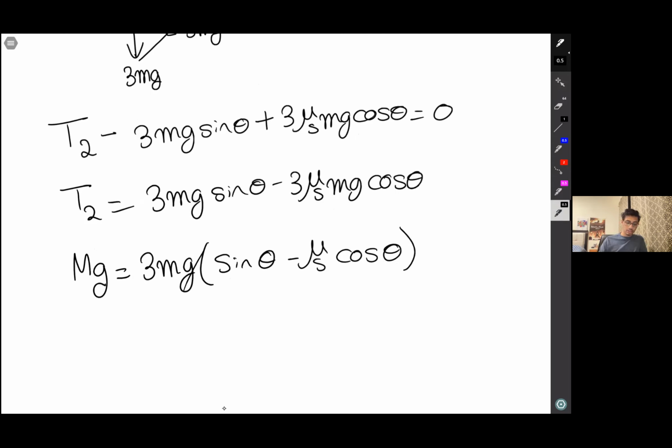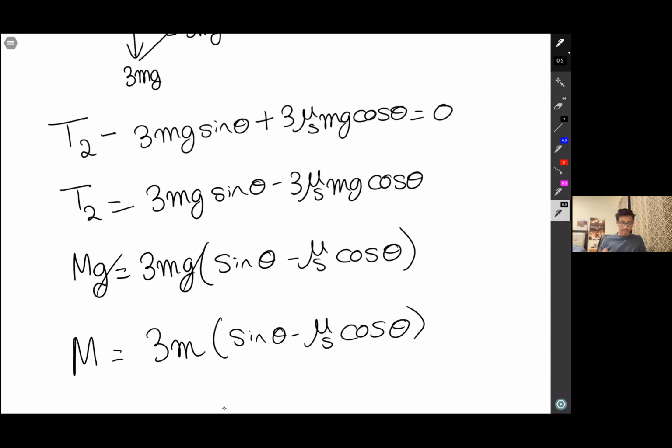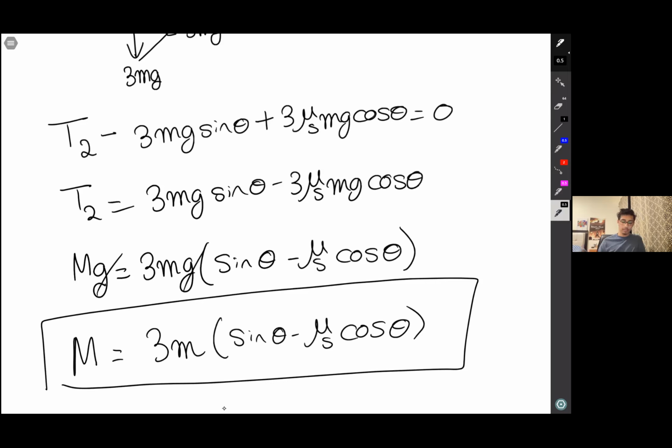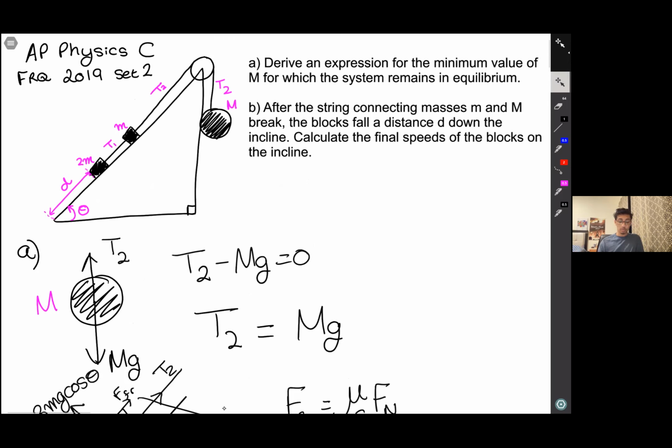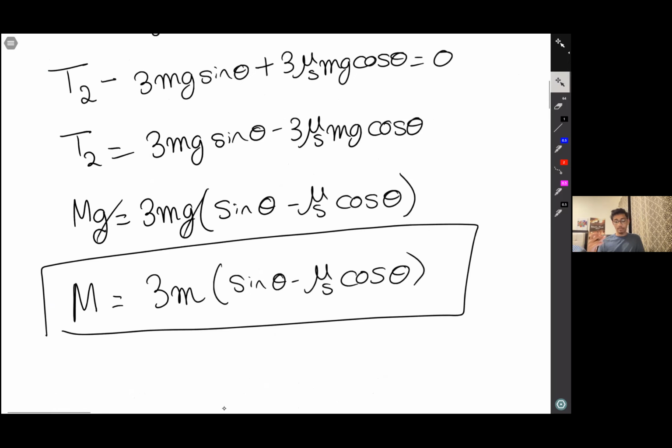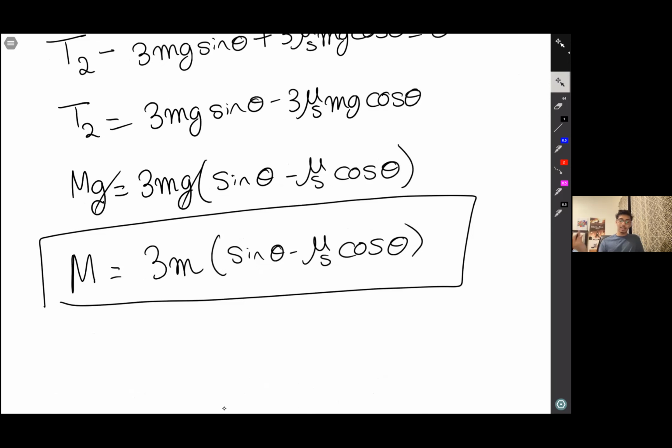And let's cut out the g's, and we get that M is equal to 3 little m times sine theta minus mu s cos theta. And that is our answer. The minimum value of M for this system to remain in equilibrium will be 3 little m, sine theta minus mu s cos theta.